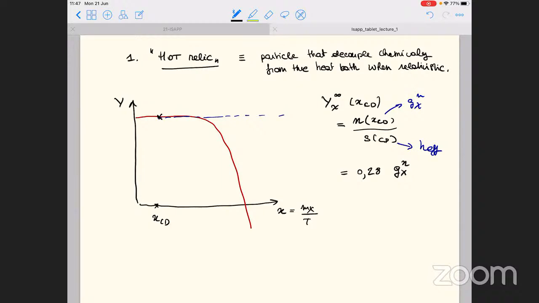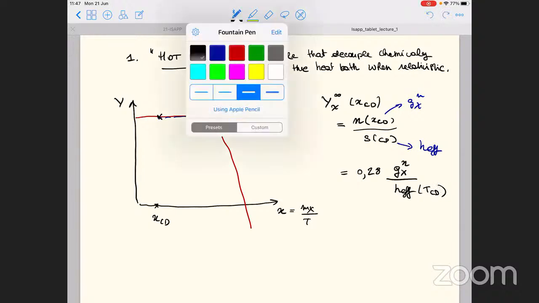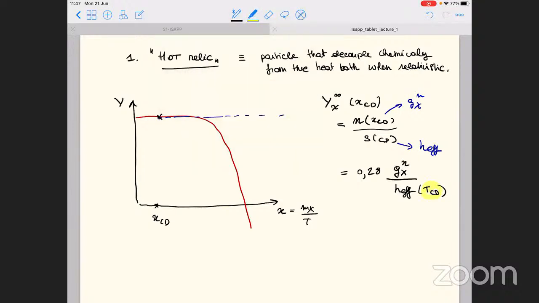This is just the number of degrees of freedom of the particle times 1, or 3/4 if it's a fermion, divided by the number of relativistic degrees of freedom at the time of chemical decoupling of my particle. So you really see that the interactions my particles have with the plasma only enter into the temperature of chemical decoupling here.